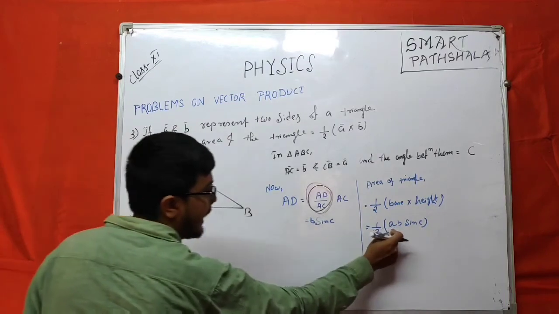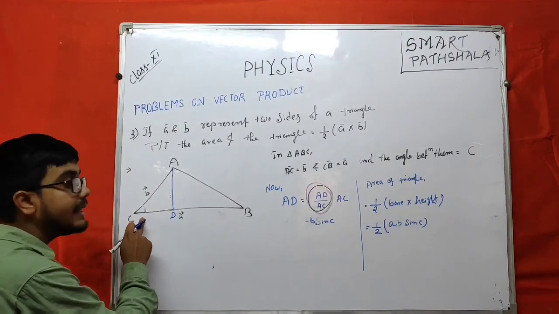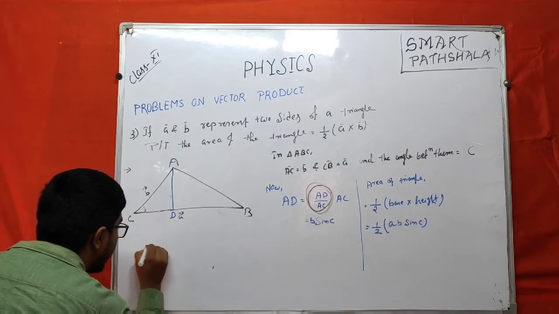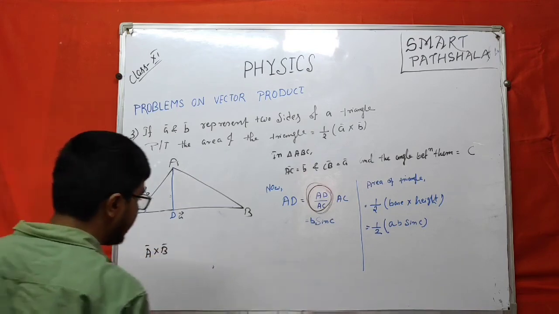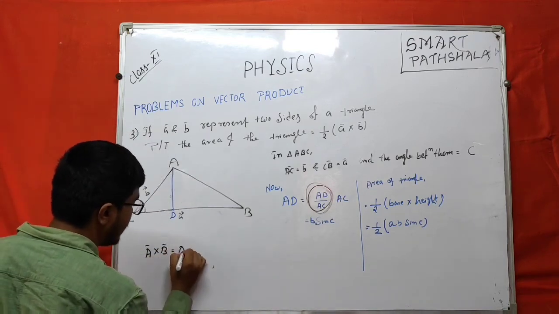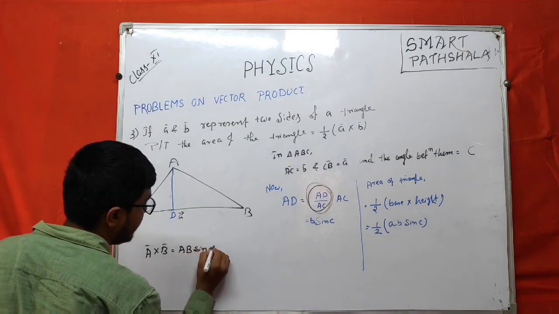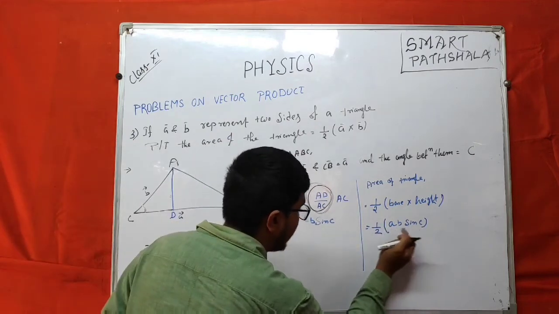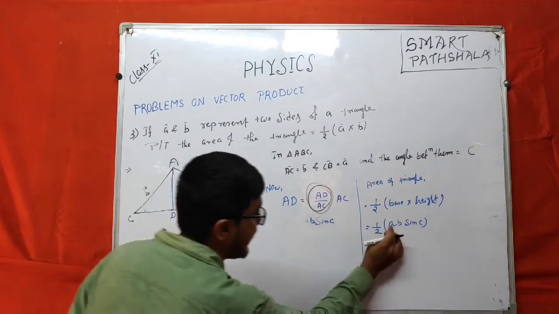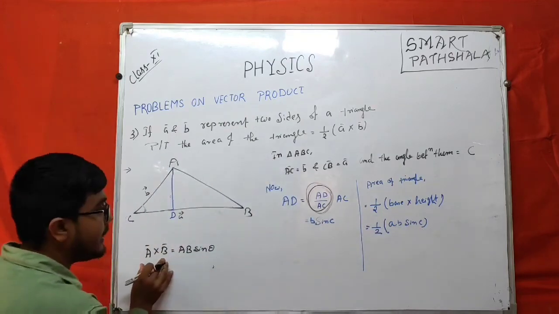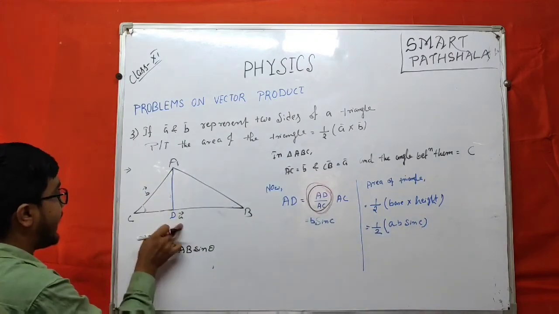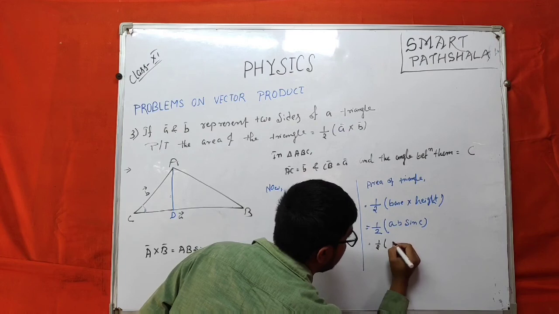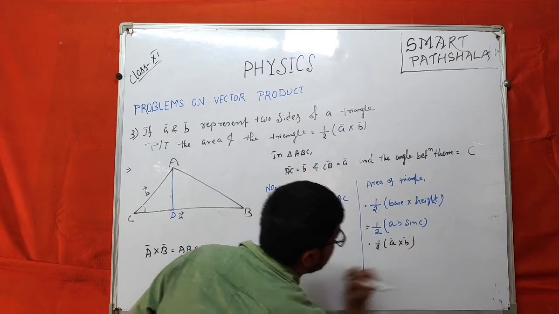A and B, and the angle between them is C. Remember, we have discussed it in some of our previous lectures, that A cross B is equal to AB sin theta. What is theta? Theta is the angle between them. Now, just compare it with this part. AB sin theta, AB sin C. C here is the angle between A and B. So, for this part, we can write half into A cross B.